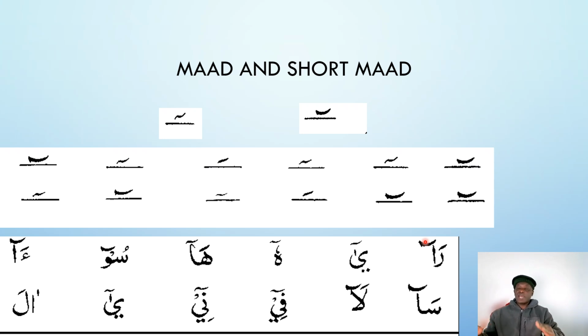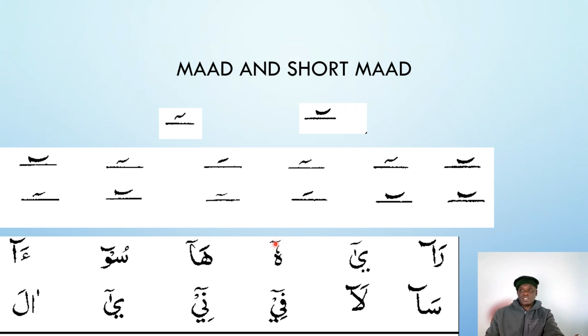Okay, the difference is in how we put this. I'm going to try, maybe at the end, to show you exactly how to know the length of a mad, the length of a short mad, or the length of fatha muqaddara. Ha with the damma muqaddara here, and a short mad.